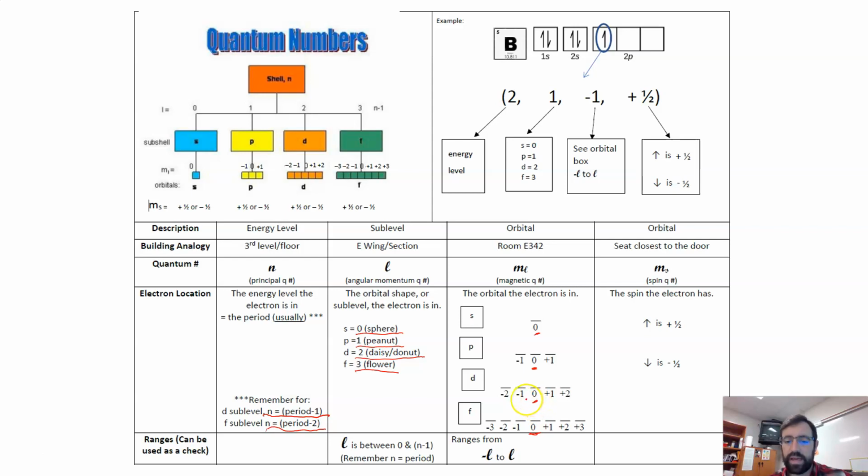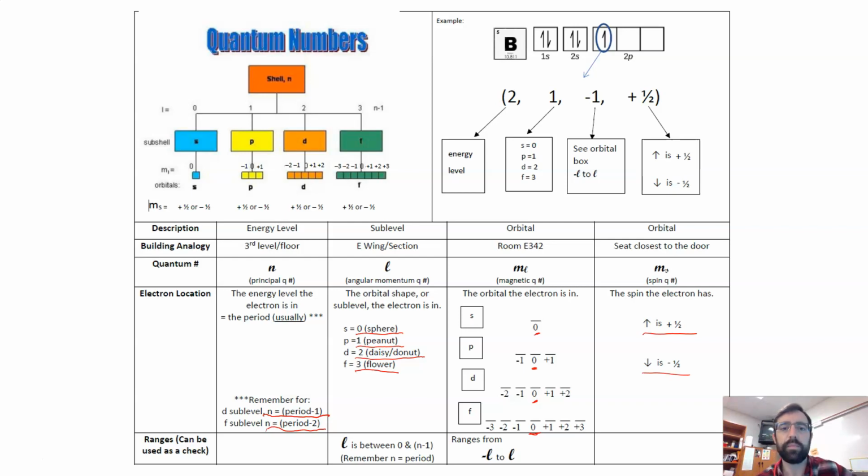For D, we have -1 and -2 on the left, +1, and then +2 on the right. And then for F, -1, -2, -3 on the left, +1, +2, +3 on the right. And then, as I said, an up arrow is +1/2, down arrow is -1/2. So that's how we get our 4 quantum numbers for an electron that we're describing.